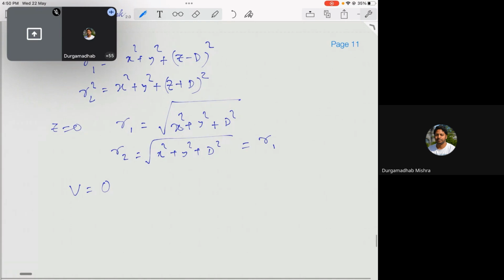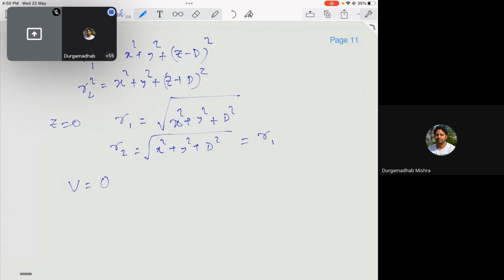Now what is the situation when we are far away from this charge distribution? Far away means x square plus y square plus z square is much greater than d square.